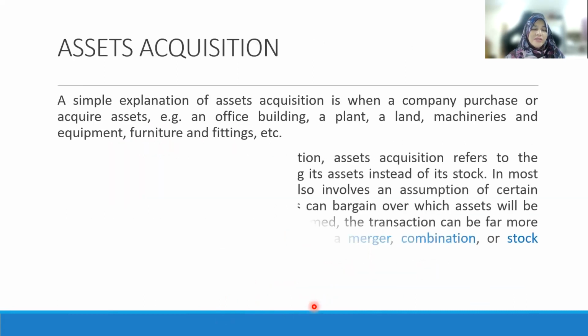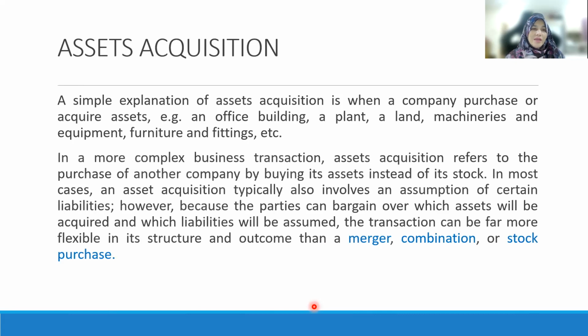Okay, asset acquisition. Asset acquisition simply means that when the company acquires buildings, plants, land, machinery, all are asset acquisition. So sometimes in a more complex transaction, asset acquisition refers to the purchase of another company by buying the assets instead of its stock.